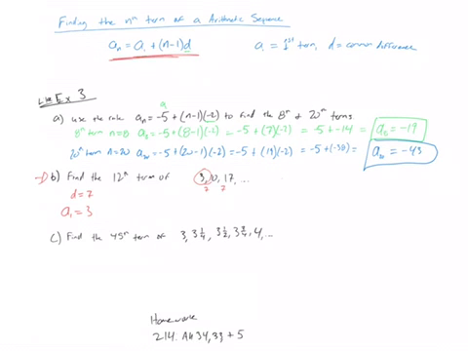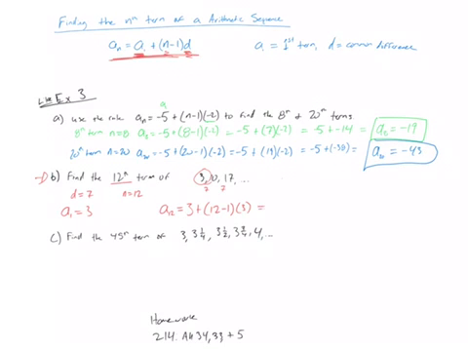So now it's all the information I need to know. I need to know the a sub 1. I need to know the common difference. And I guess I need to know what term I'm looking for. So since I'm looking for the 12th term, that means n is going to equal 12. So a sub 12, the 12th term, is equal to the first term, which is 3, plus 12 minus 1, because n is 12, times the common difference, which is 7.